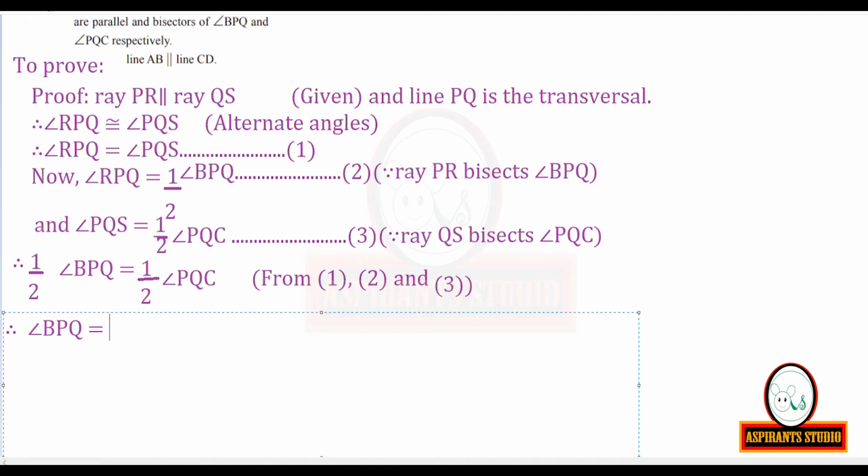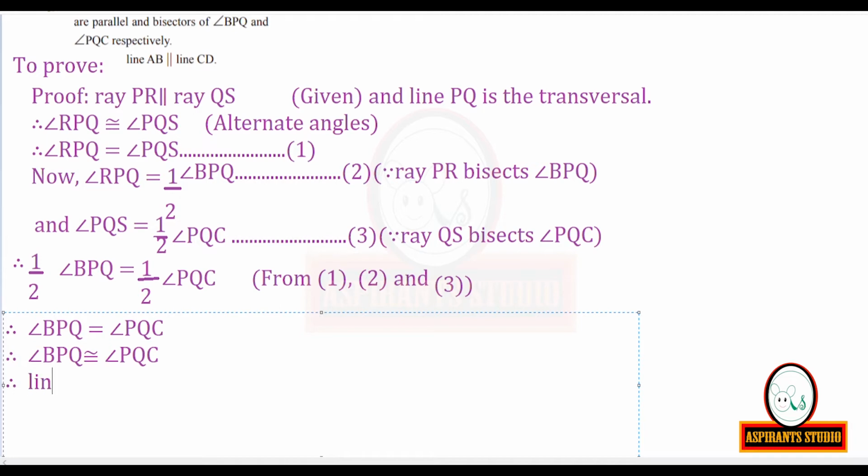So you'll get measure of angle BPQ is equal to measure of angle PQC. Even you can write the reason multiplying by 2 on both the sides. Now since the measures of angles are equal, the angles are congruent. So angle BPQ is congruent to angle PQC.